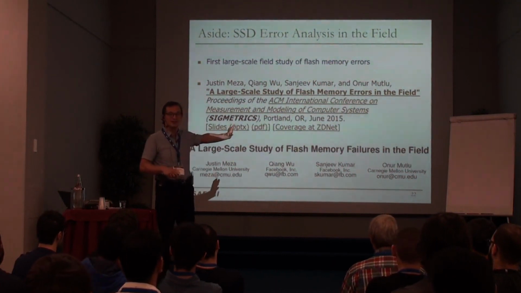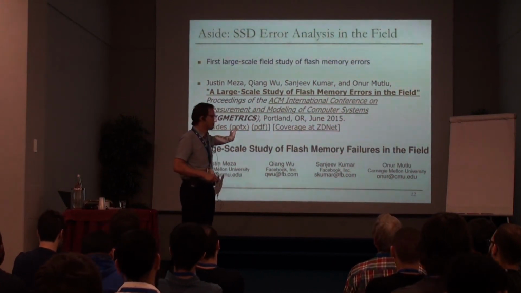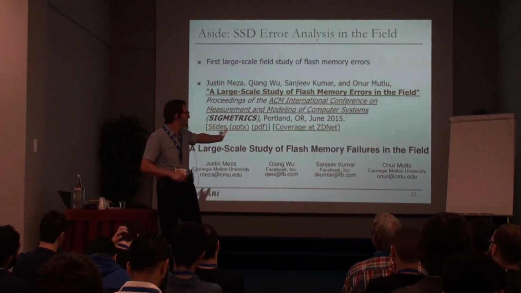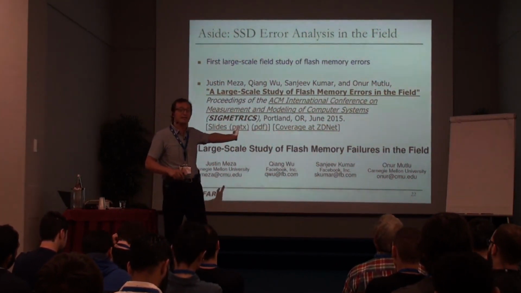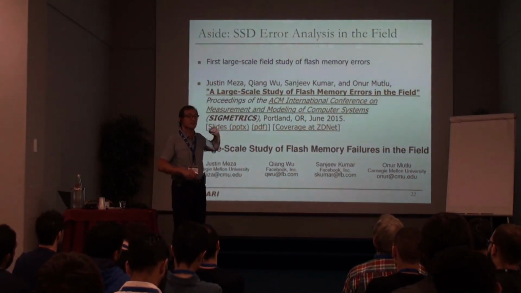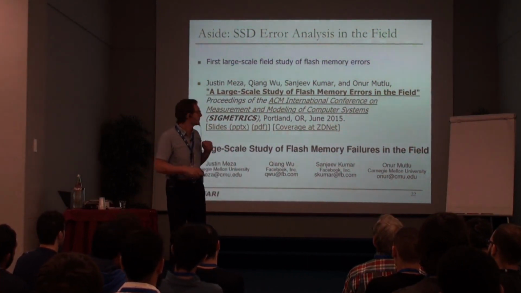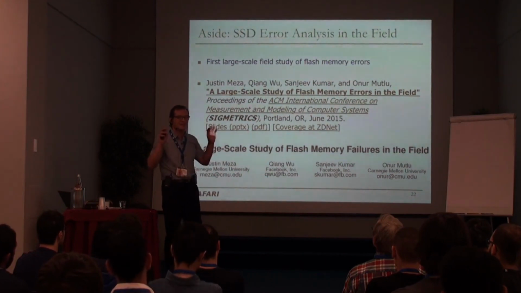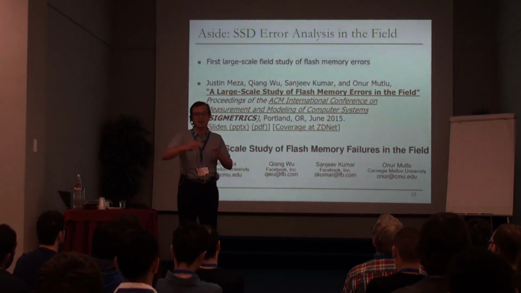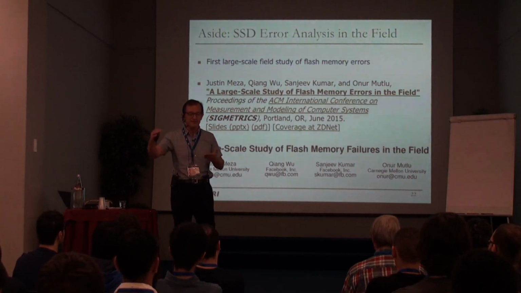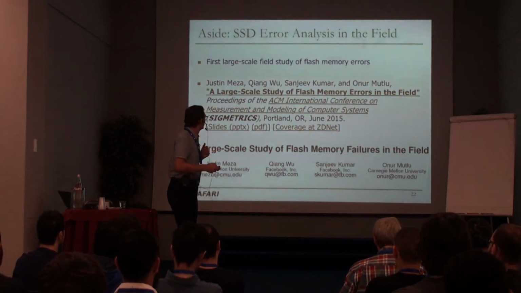One of the findings is that we actually see a much higher error rate in the field than what we expect from the flash devices, especially at the end of their lifetimes, like 3 years or 5 years. Maybe that's not the end of the lifetime, but sometime after they're used for a while.